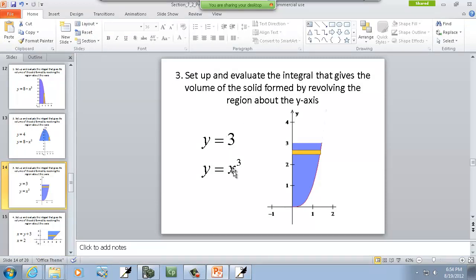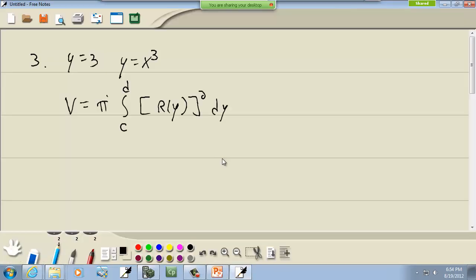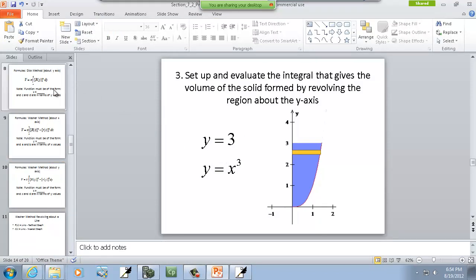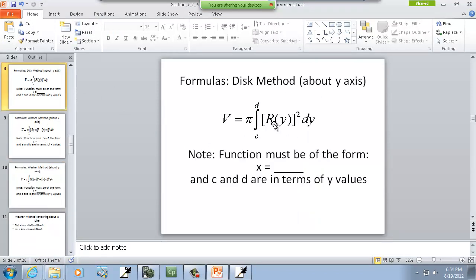So y is equal to 3, y is equal to x to the 3rd. There's a problem with this. About the y-axis, this r of y function must be of the form x equals. So we have to have y over here. C and D are in terms of y values. That's easy.